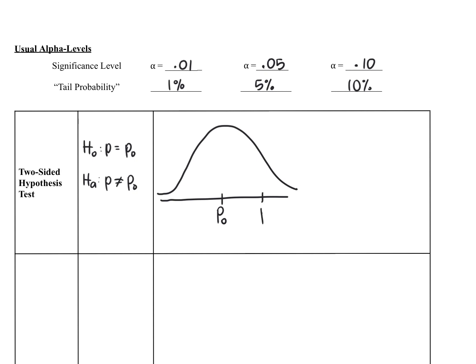And our P hat, because we're not looking in any specific direction, is either going to be above or below. We don't know which. And there is a probability it falls either above or below that P naught. And because we're not looking in any specific direction, this combined area is our p-value. So the area is the probability it's above or below. And again, we don't know which.